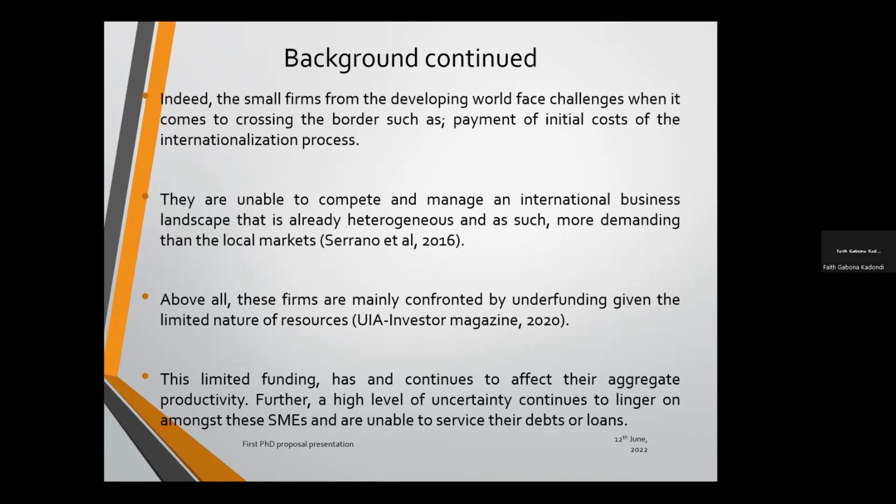And these firms are confronted by underfunding given by the limited nature of resources.